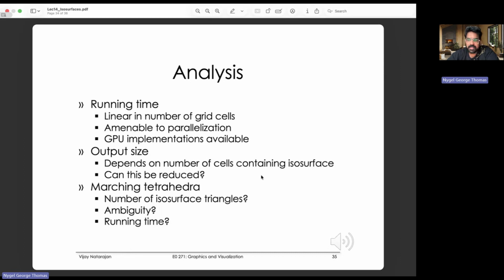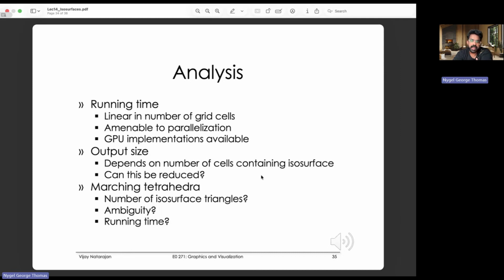But this is amenable to parallelization. Each cell can be processed in parallel. So this is decent. We can do parallelization on this, and we can get GPU implementations of this. Okay, that is regarding the running time of the marching cubes or marching squares algorithm.